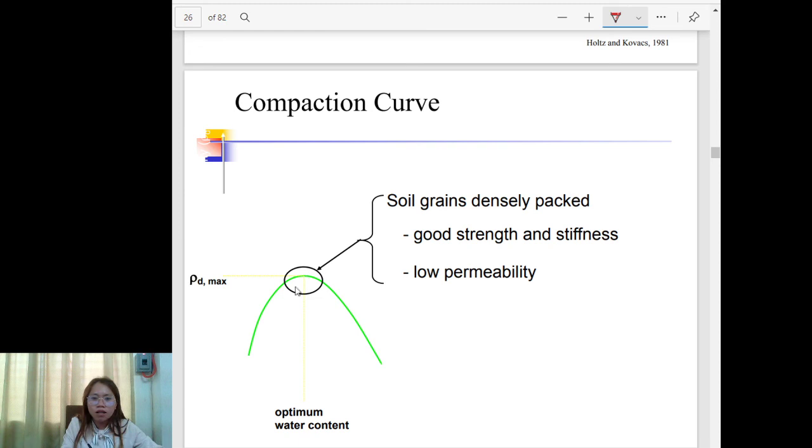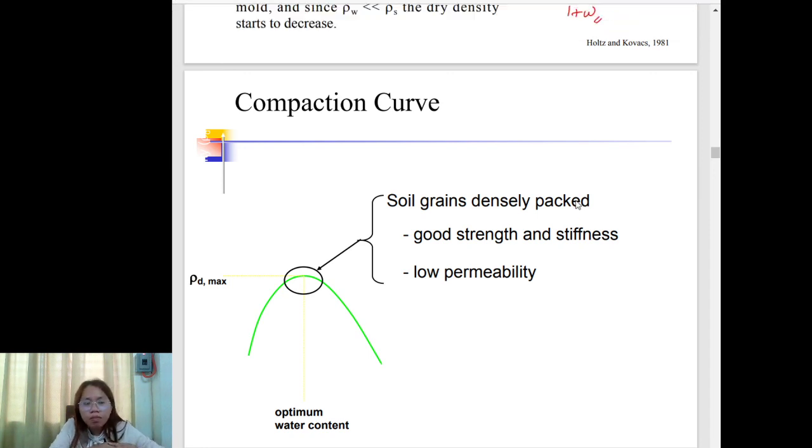And then at this point, the soil grains are densely packed, meaning that this is the maximum condition of the soil, it is dense, meaning the soil is compact. In this portion of the soil, there is good strength and stiffness, and low permeability.